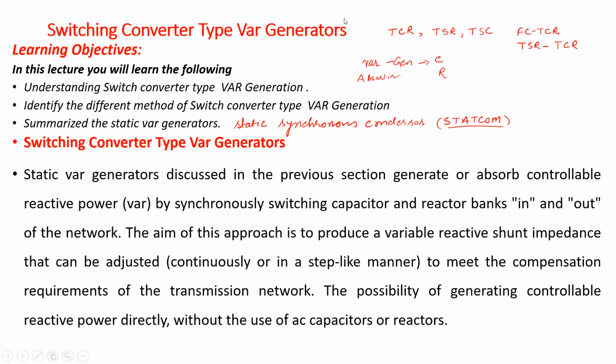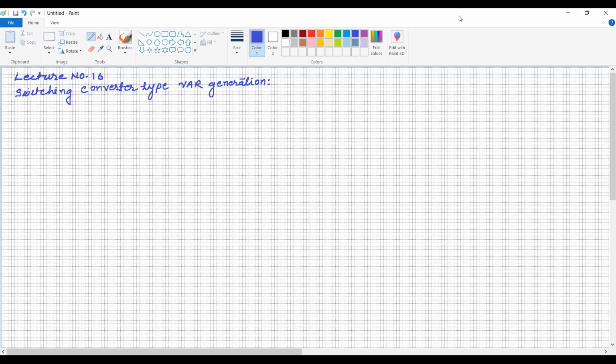Now, we will try to understand the switching converter type VAR generation. In the variable impedance type, we use capacitors and inductors for VAR generation and absorption. Now it is possible to generate or absorb reactive power from the transmission line without capacitor and reactor.